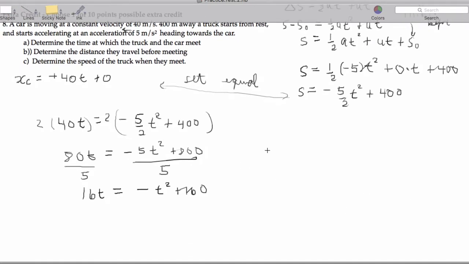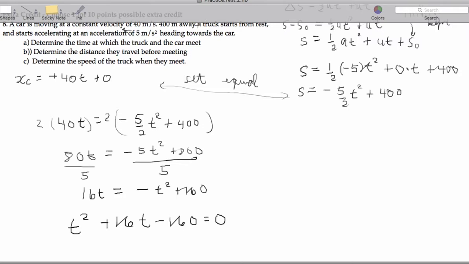Now, I'm going to rearrange this because, for those of you that are familiar, we got a quadratic equation here, and I want to write it in a form that we're used to in algebra class. So when I rearrange this equation, I'm going to get t squared plus 16t minus 160 equals 0.